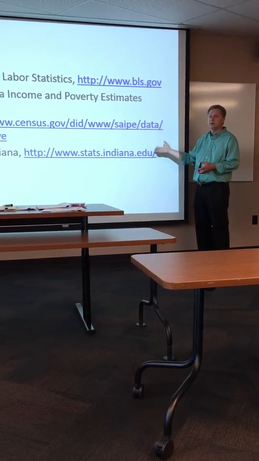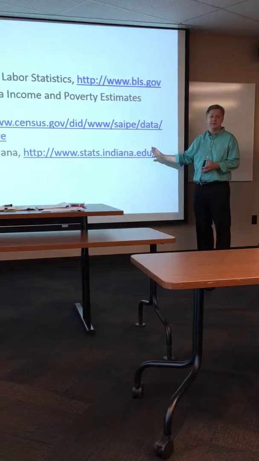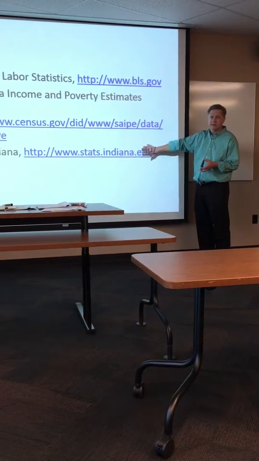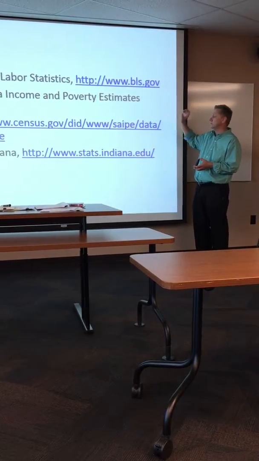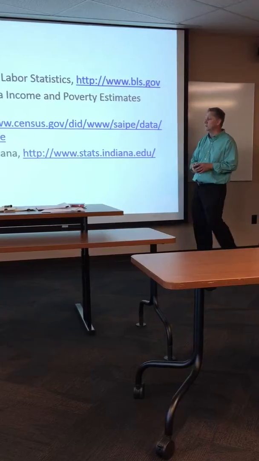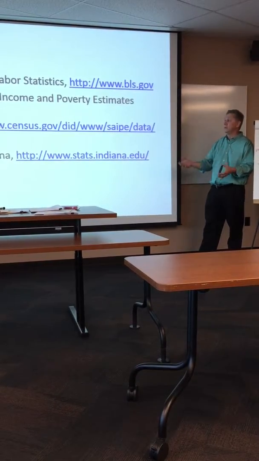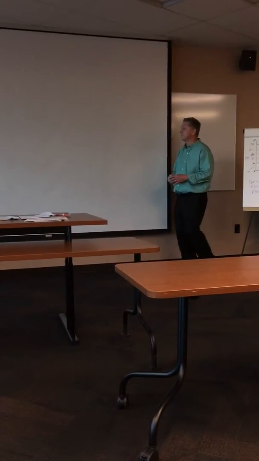It has so much stuff there that you better not come to me and say, I can't find any data to work with. Half of it's related to Indiana, the other half is just all over the place. They put links up for things all over, so you can find a lot of different things there. Go to those places, look at that data, download it, use it, play with it. You'll find stuff that you can find useful. Okay?